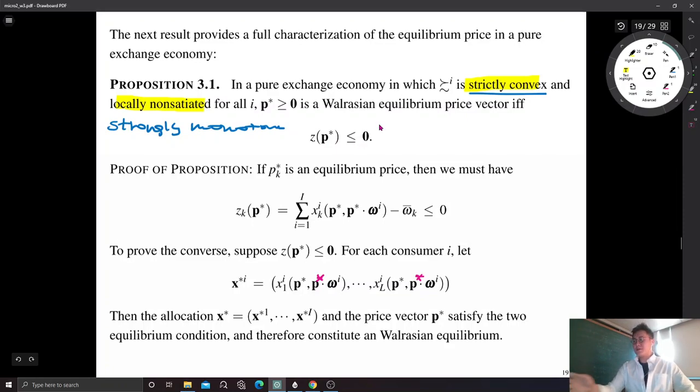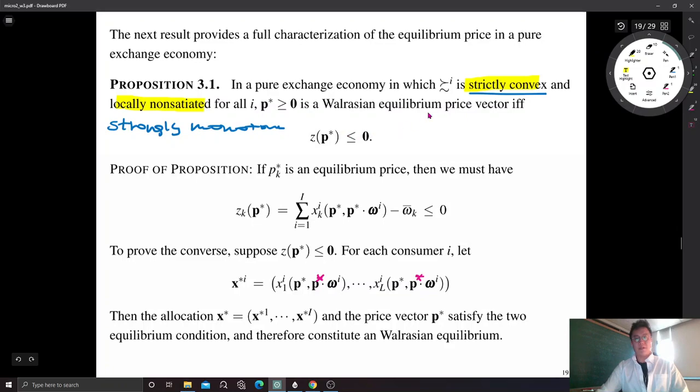So using this theorem, we can restate the existence question like this: is there any price vector P at which the excess demand function takes a non-positive value?